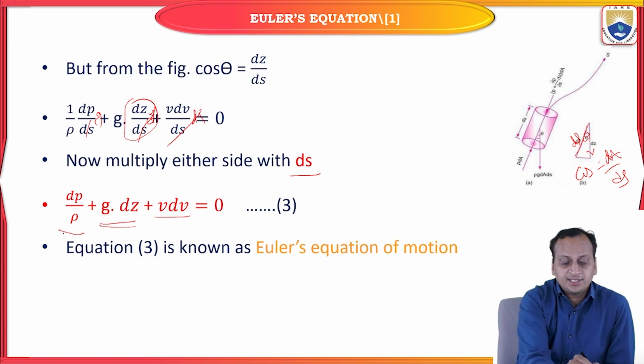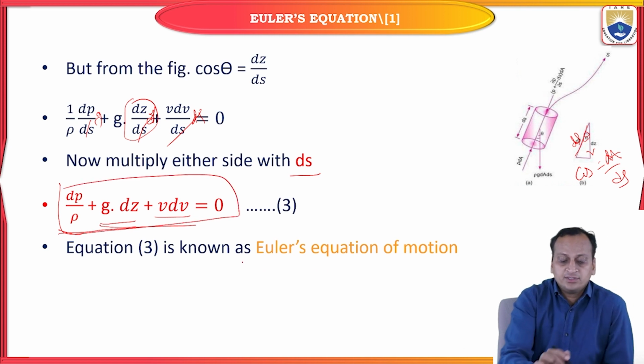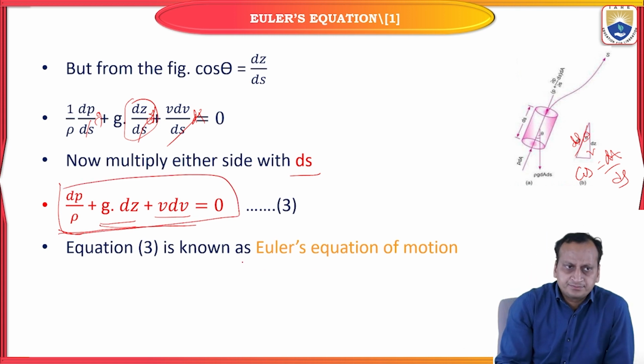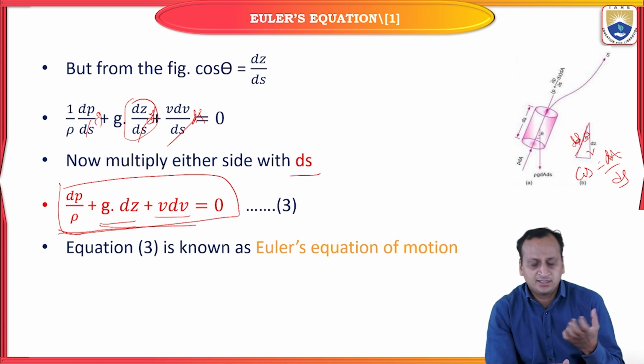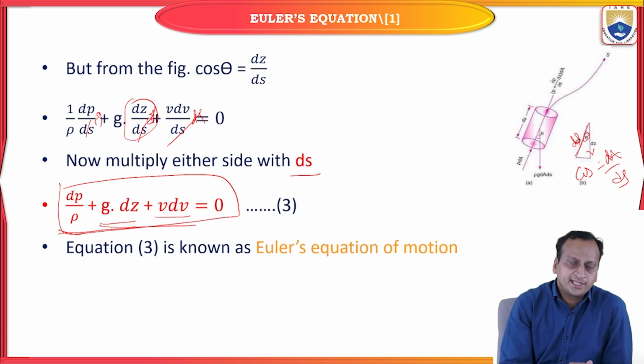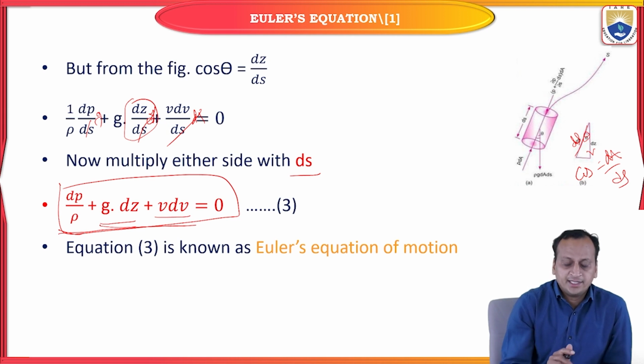This particular equation, dp by rho plus g dz plus v dv equals 0, is known as Euler's equation of motion. This Euler's equation of motion is derived by assuming steady flow and identifying a particular fluid particle flowing along a streamline, and considering the pressure force, and the force due to its own weight, so that it can be derived.